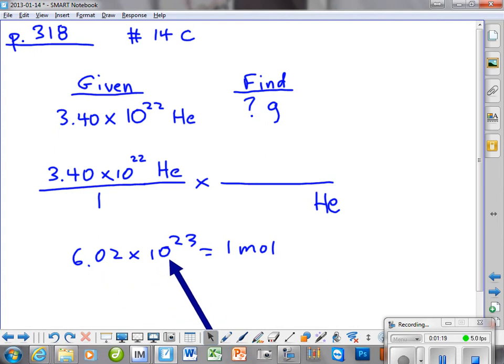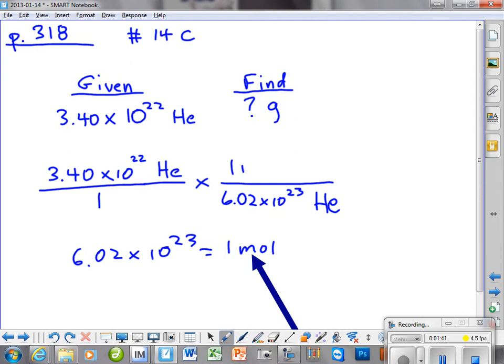And so the number that is with the particle side is the 6.02 times 10 to the 23rd. So we put in our 6.02 times 10 to the 23rd here. And the other side of this equality is 1 mole. And that's what goes on the top. And the moles, again, are moles of helium atoms.